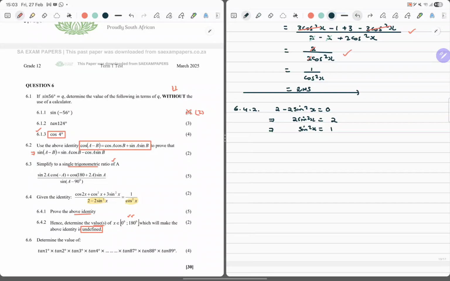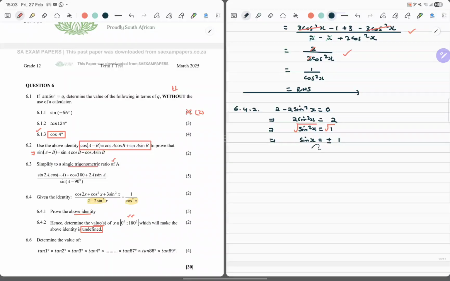Okay, let's move on. So this implies that sine x is going to be plus or minus 1, right? Because we're going to take the square root on either side. This is easy, guys. That's what we're going to do.